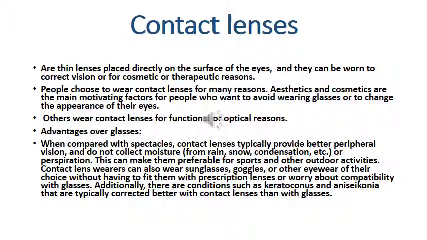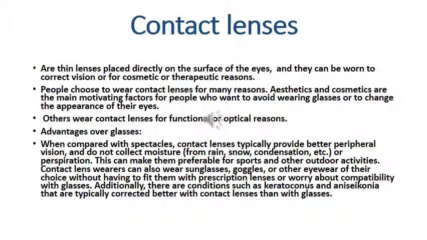While in keratoconus, in very early stages, glasses might be enough, whenever the disease starts to manifest and the refractive error progresses more, glasses will become inadequate and we will need contact lenses.